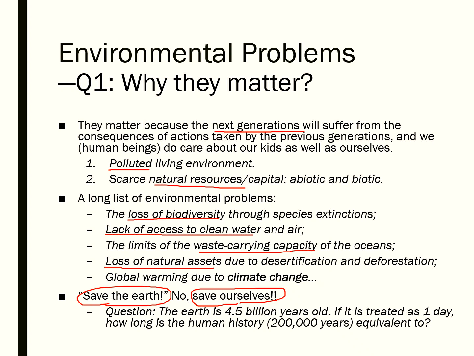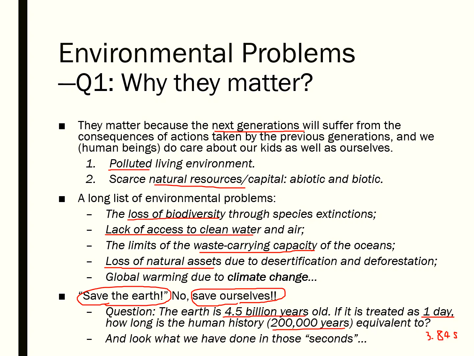Okay, the answer is 200,000 years divided by 4.5 billion years, times 24 hours per day, times 60 minutes per hour, times 60 seconds per minute. That gives you an answer of 3.84 seconds. The entire human history is just 3.84 seconds if the Earth is 1 day old.